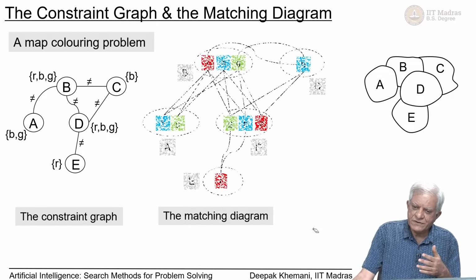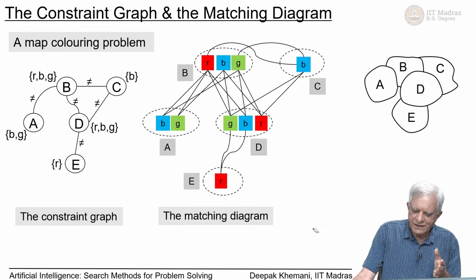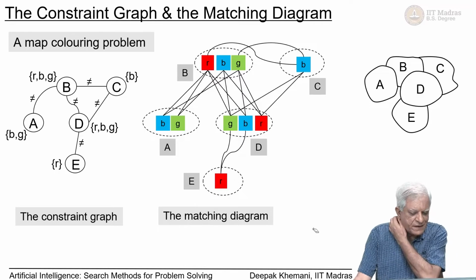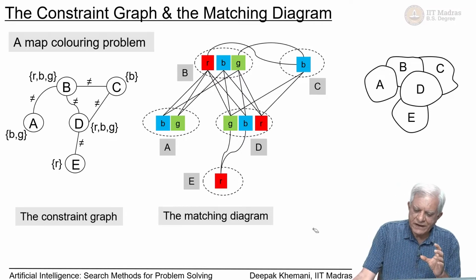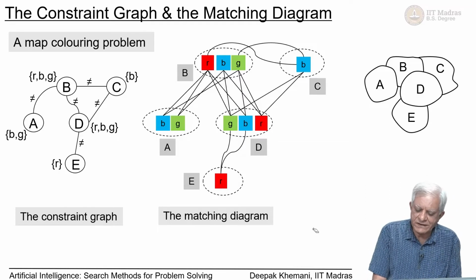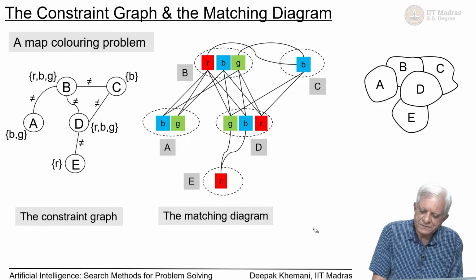We also sometimes use something called a matching diagram. So, a matching diagram is also a graph where we have all the 5 variables again represented here, but we have also the values in their domains represented inside some nodes, as you can see, or clustered together in some nodes. The graph is between the values essentially. And so, what does this edge represent?